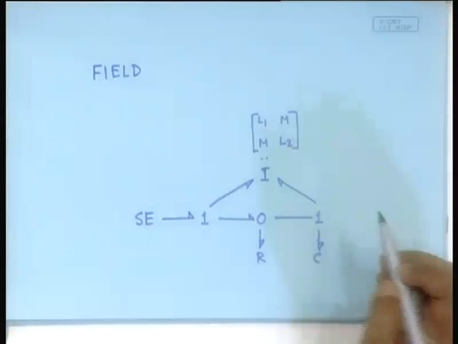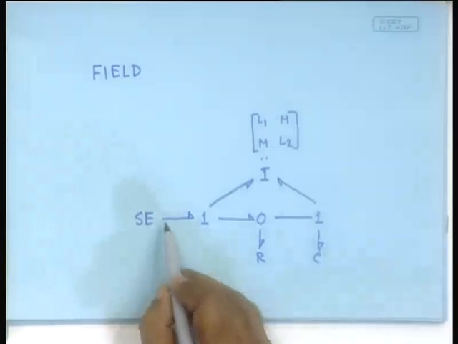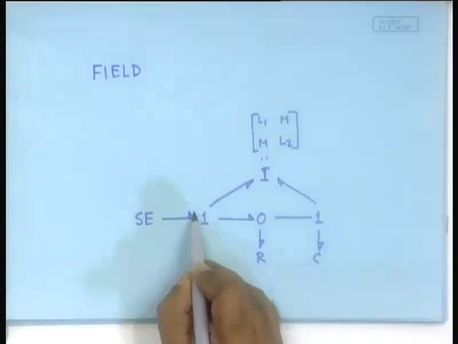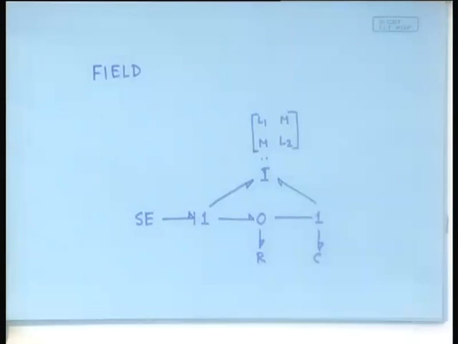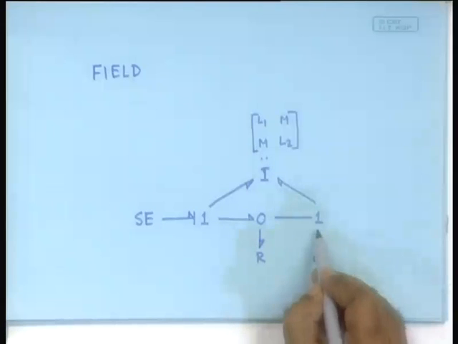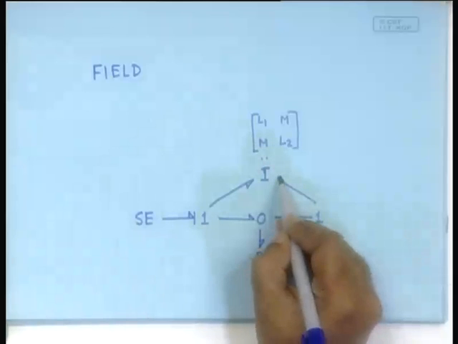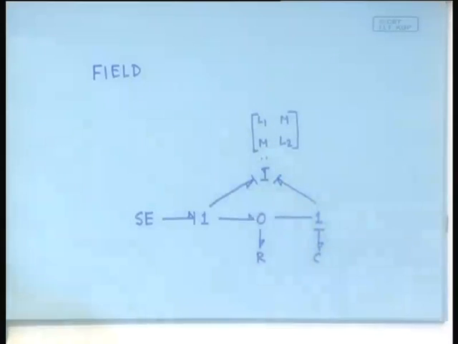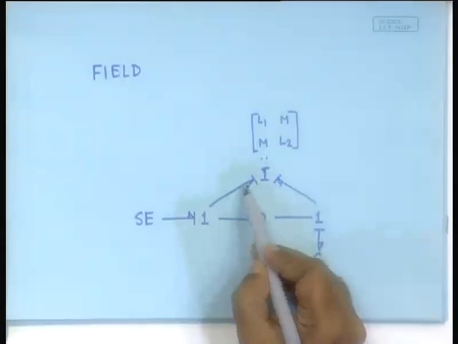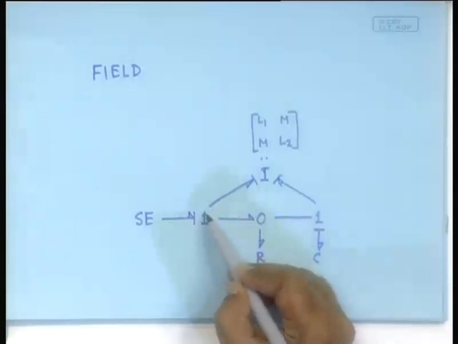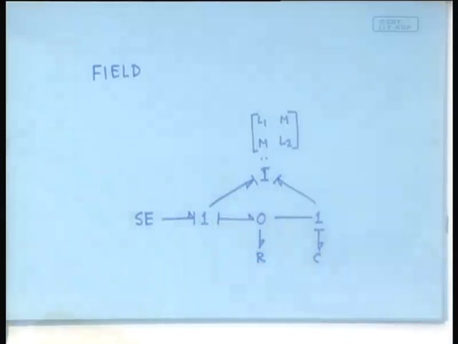You have the causalities now. SE will be receiving flow and giving effort, C will be receiving flow and giving effort, I will be giving flows. The moment the flow comes to this one junction, it has to distribute. So, this is done.